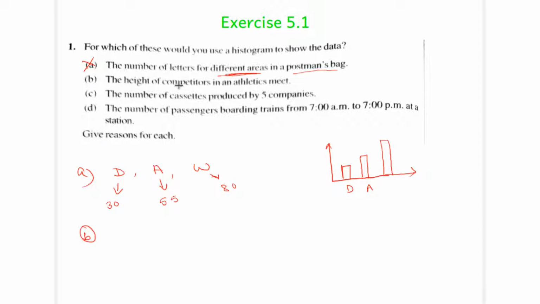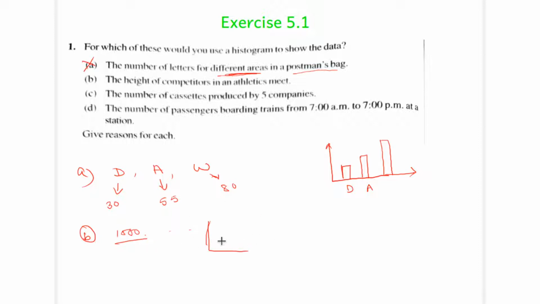Number B, the height of competitors in an athletics meet. In an athletic meet there will be many competitors, and we have to record the height of the competitors. If we consider individual height, suppose there are 1000 participants in the competition, and we want to represent it in a graph, that will be too long, and that is not possible on a particular graph paper.